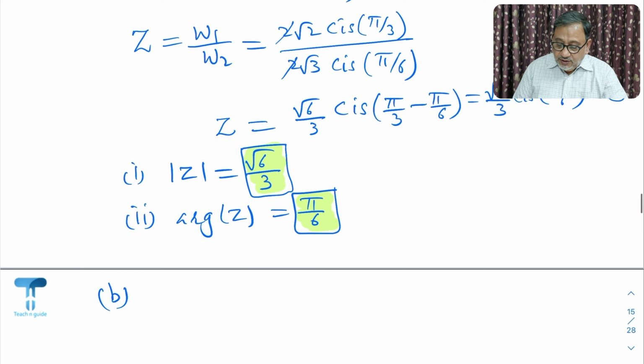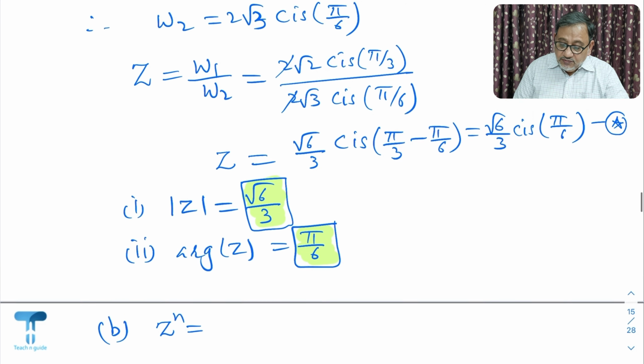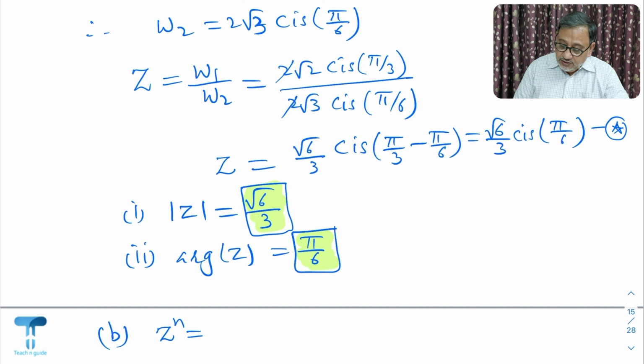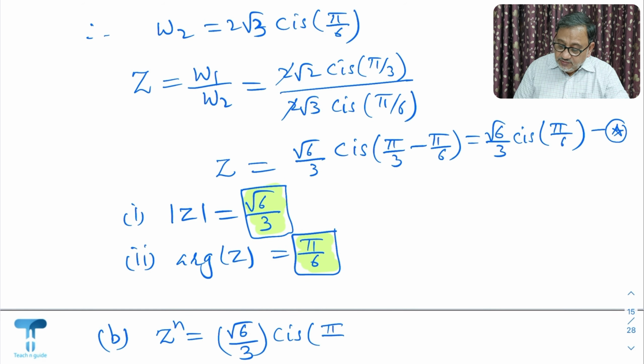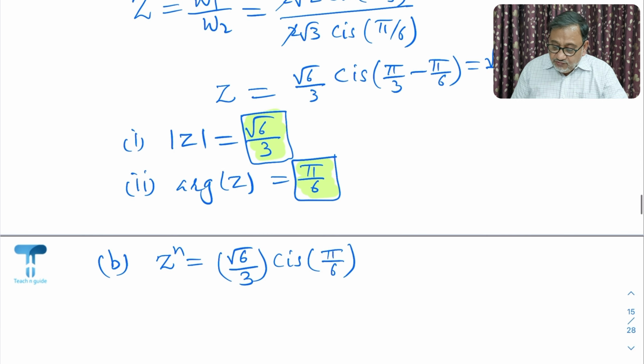So when we convert z to the power n, we already have the polar form, root 6 by 3 cis pi by 6. Now from this the imaginary part should be 0, because to get only the real part we will take the imaginary part equal to 0.